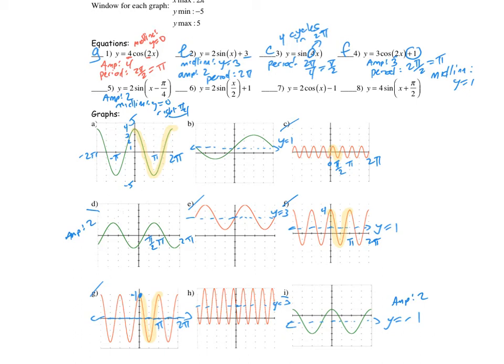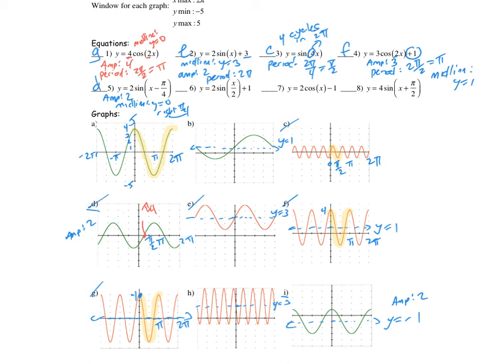So this graph is going through the midline at pi over 4. So that looks good. That looks like a sine graph with an amplitude of 2, shifted right pi over 4. So number 5 corresponds with graph D. I will cross off D.